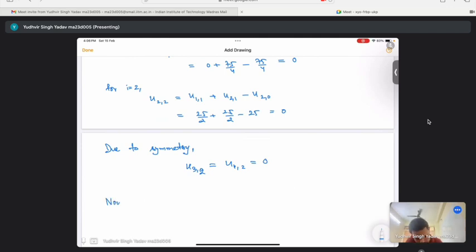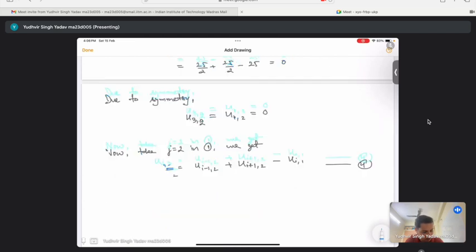Now we will proceed for j equals 2, that is fixing j equals 2 in 1. Then we will get the scheme as u(i,3) equals u(i-1,2) plus u(i+1,2) minus u(i,1). Here we have the third time step solution on the left-hand side, which is obtained by using the solutions at time levels 1 and 2. Let us number this as equation number 4.